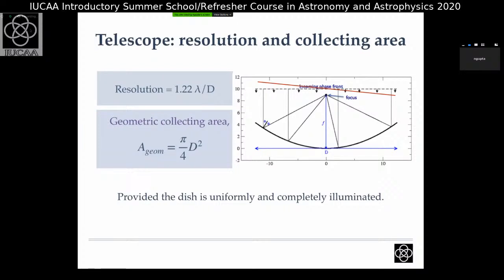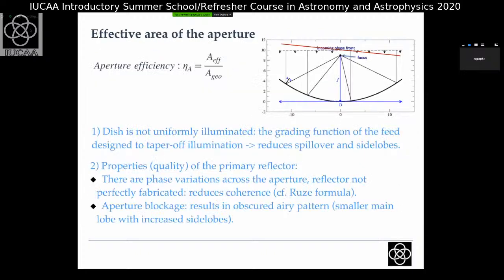It means that my feed at the focus is placed such that it is collecting radiation from the entire aperture. But it may not do so. And you would ask why I would want a feed which is not collecting radiation from my aperture completely? You will be surprised to know that this is done by design. It's not an unintended side effect of design.